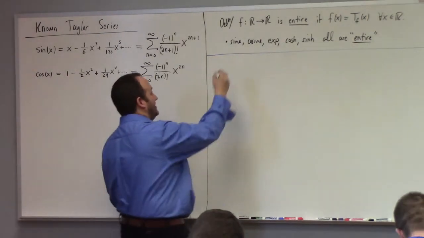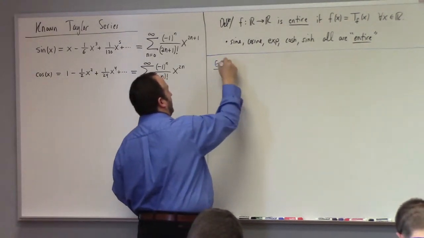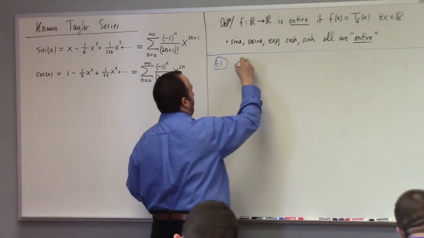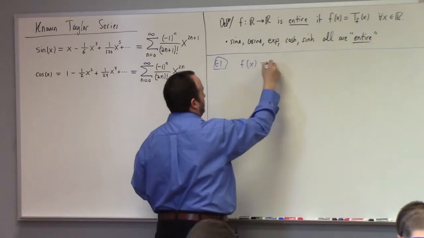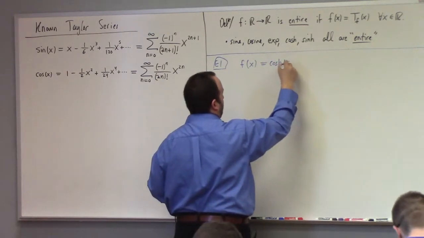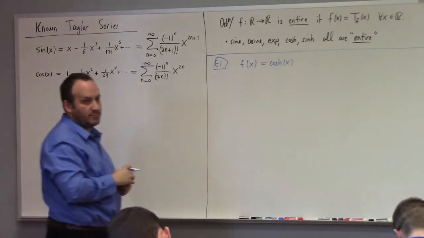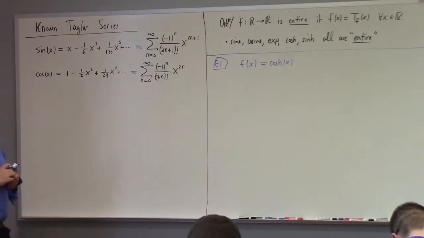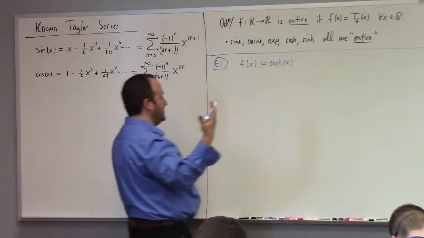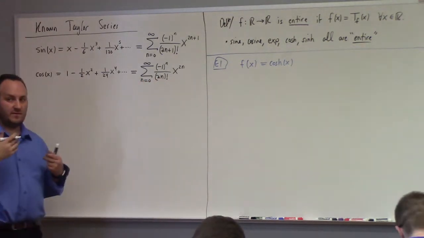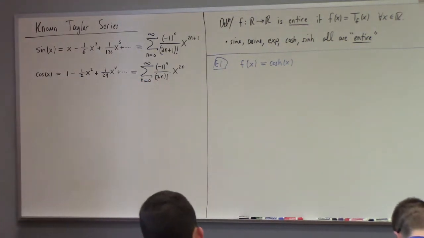But let's look at cosh. f of x equal to hyperbolic cosine of x. Then what's f prime of x? What I'm about to do is derive the Maclaurin expansion for hyperbolic cosine.